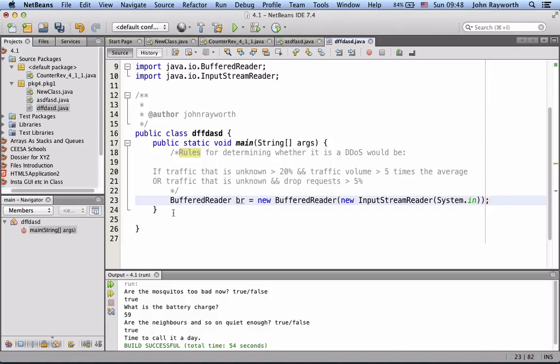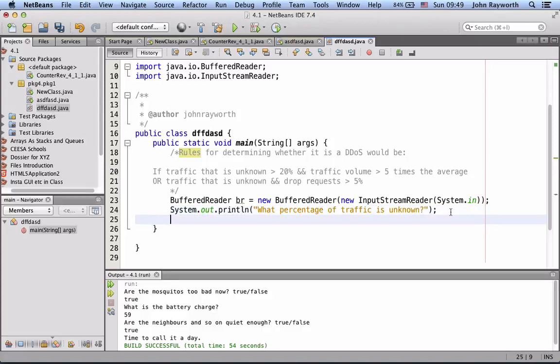What are we going to want to know? How about unknown traffic? Let's ask this question to return an integer value. So we're going to ask what the unknown traffic is, which can be an integer.